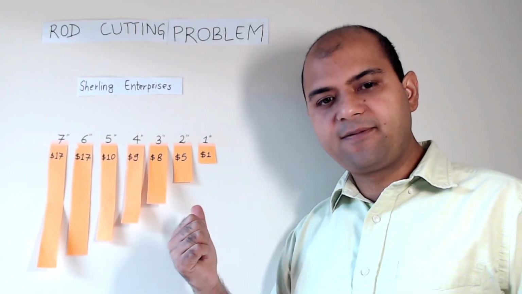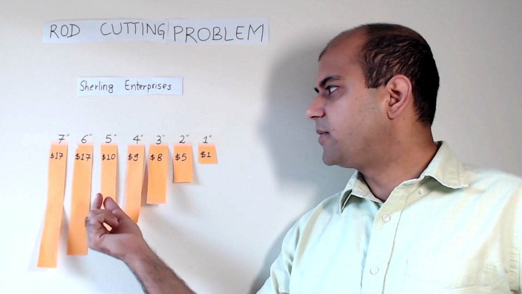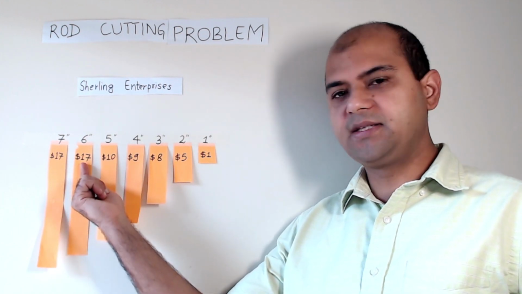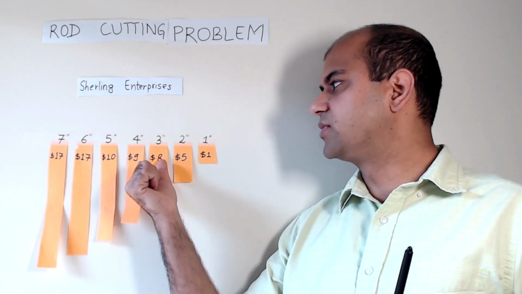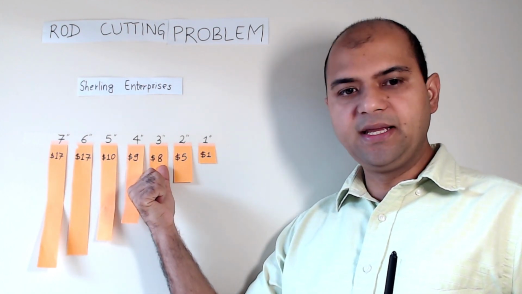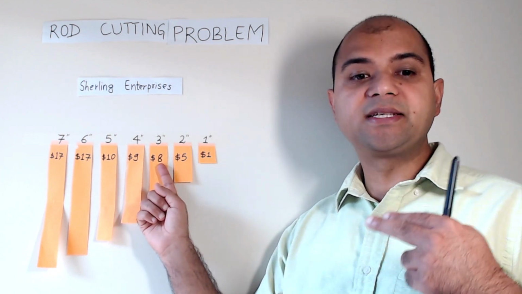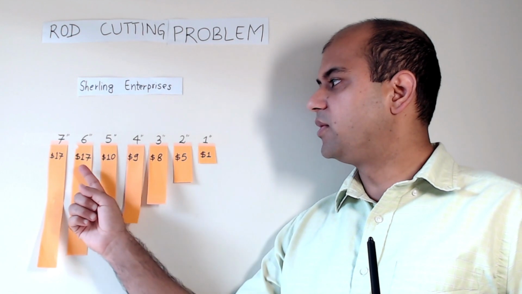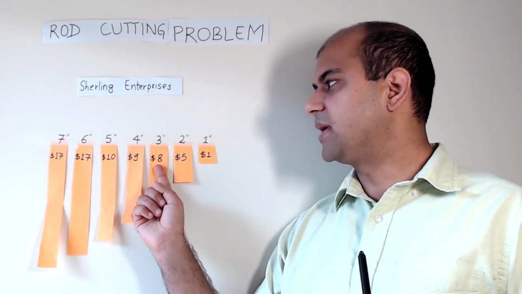If you look carefully at the table, you will see whether it further makes sense to cut the 6-inch piece into 2 pieces, right? If I cut this 6-inch into 2 pieces of 3-inch each, then the amount of money I'm going to make is $16.